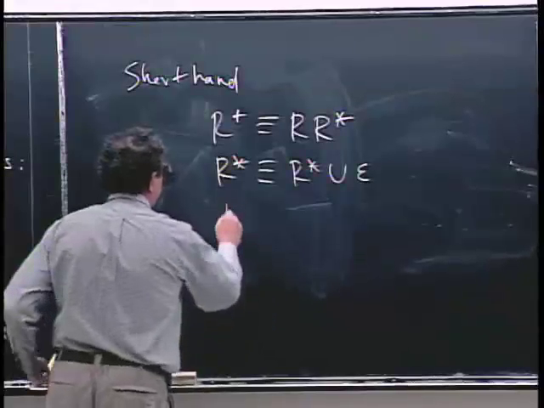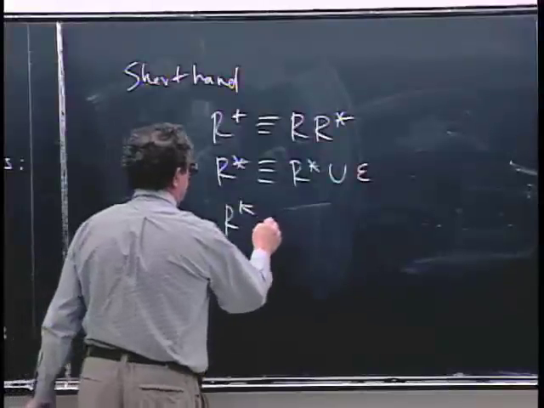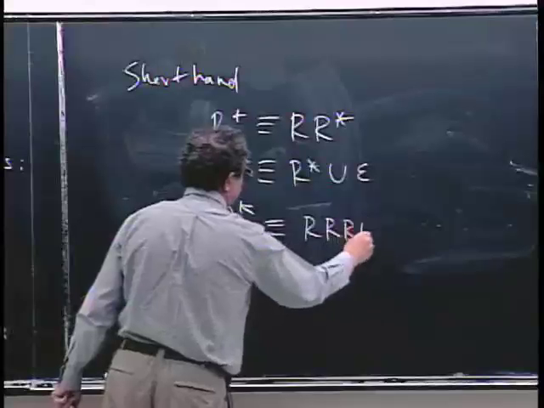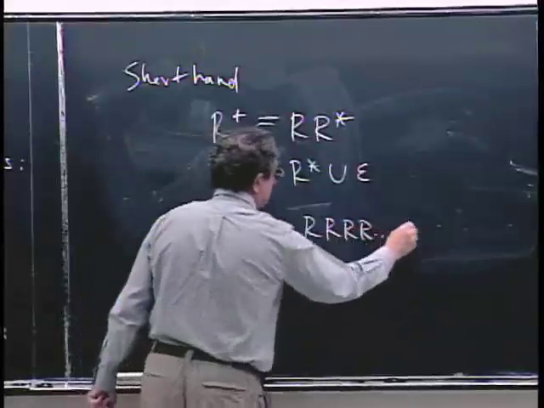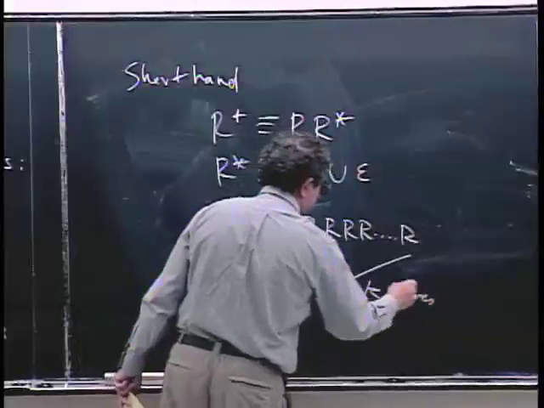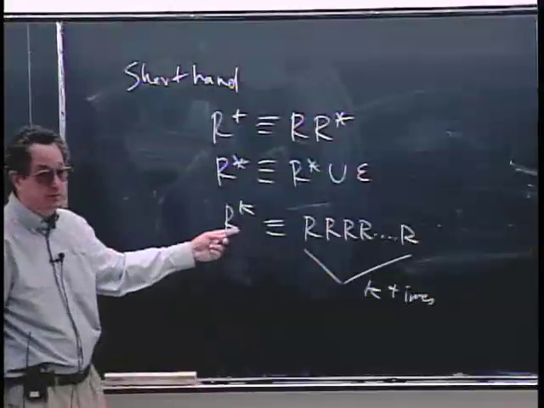Okay. Another shorthand is R to the K, and that's K repetitions, or K concatenations of R. So K times. And so that's a shorthand for a regular expression as well.